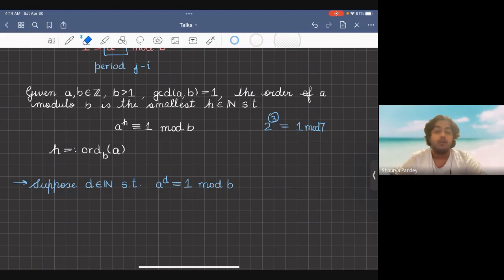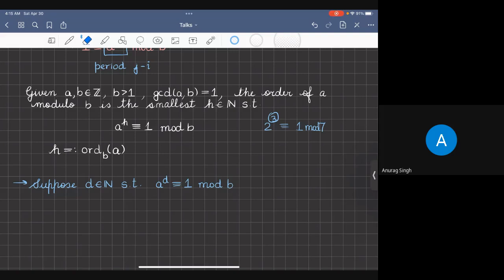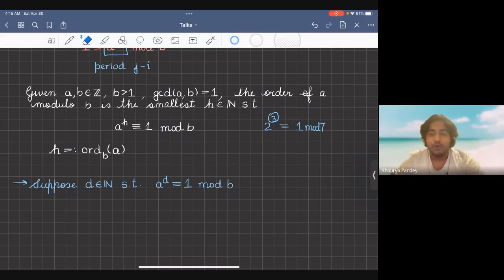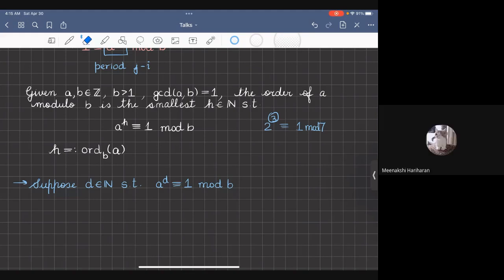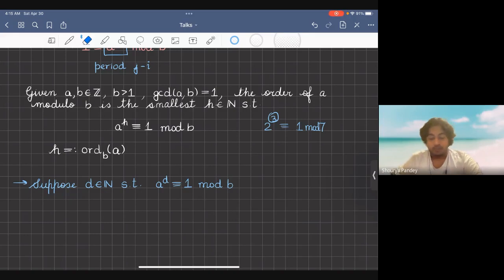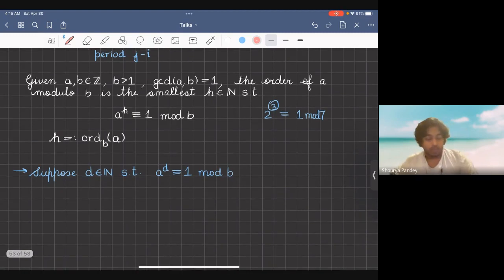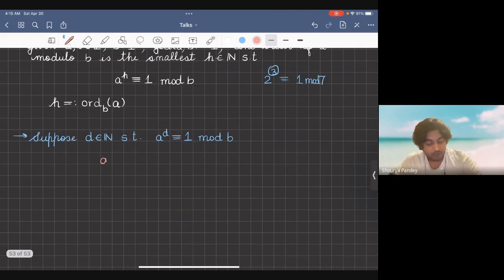Why is that? Is there a contradiction? I want someone who doesn't know it to think about it. Suppose a to the d is 1 mod b and a to the h is also 1 mod b. Then what exactly is the problem? Let's take an example. Suppose 4 is the order, and I'm also able to get that 6 satisfies this.